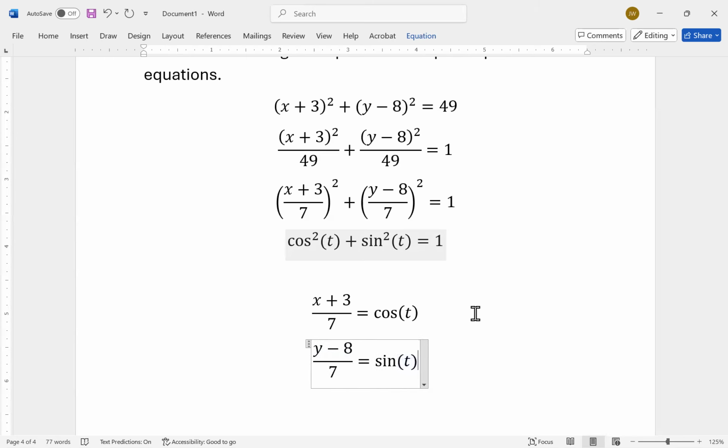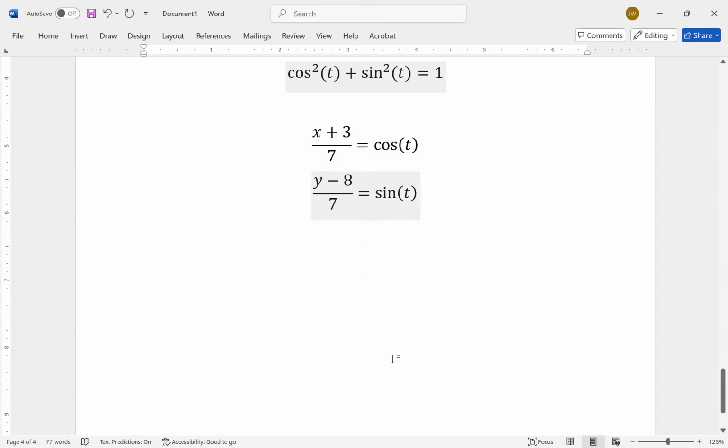That is sine of t. This is a pair of equations, one that relates x to t, and the other which relates y to t. And so we can solve each of those.